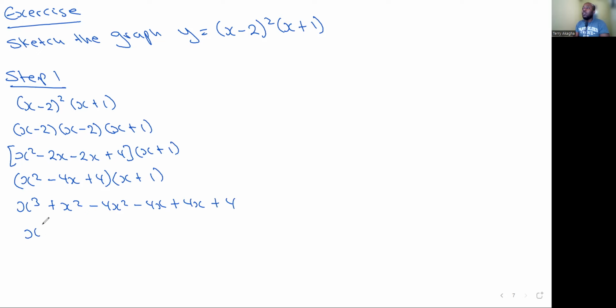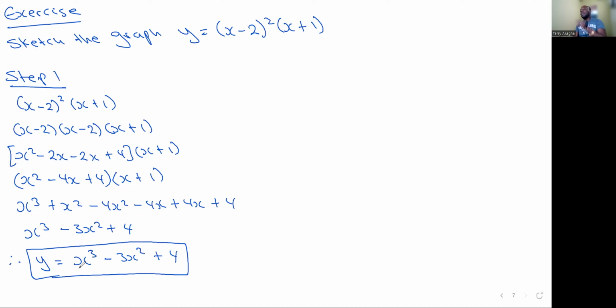And this will give you x cubed. X squared minus 4x squared will give you minus 3x squared. Minus 4x plus 4x will give you 0. And we now have plus 4. Okay? So therefore, we can now say y, the function, is going to be x cubed minus 3x squared plus 4.